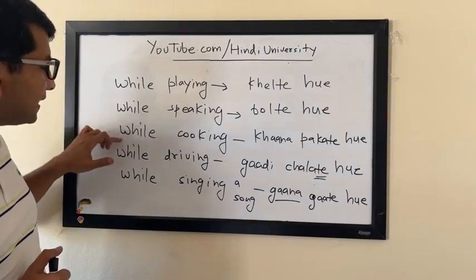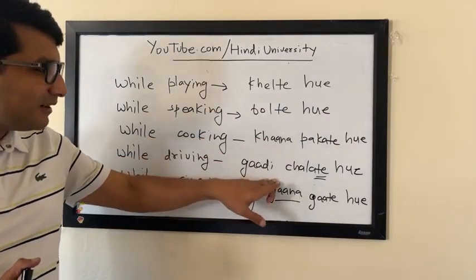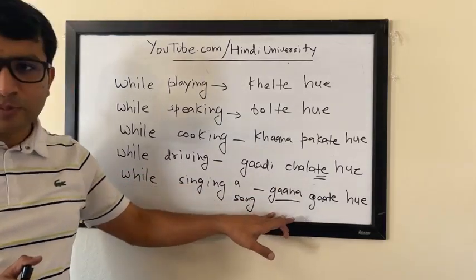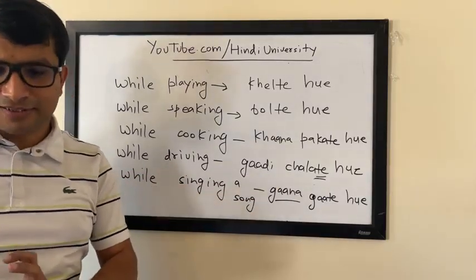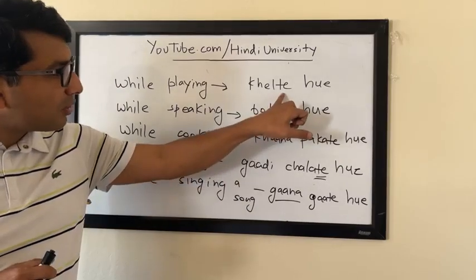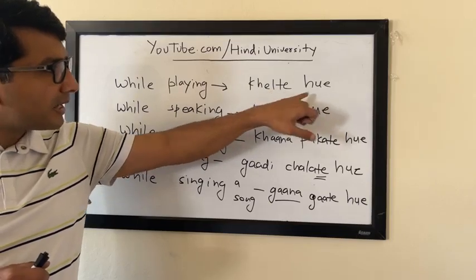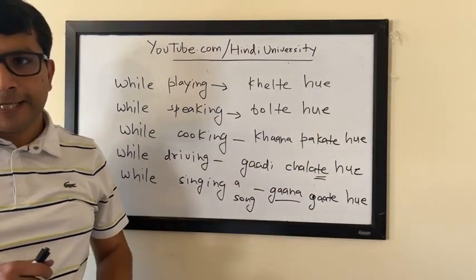While playing, while speaking, while cooking: खेलते हुए, बोलते हुए, खाना पकाते हुए, गाड़ी चलाते हुए, गाना गाते हुए. At least remember this pattern, that when used as an adverb, it's always the masculine singular oblique form of the verb and always hue.